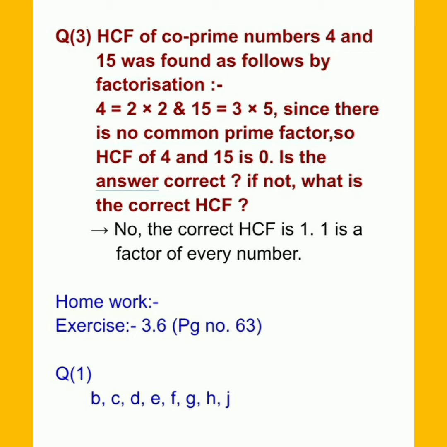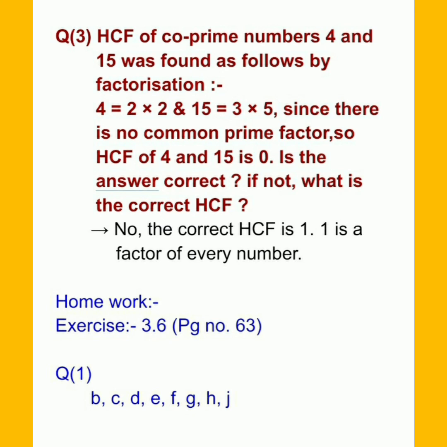Then question number 3. The HCF of co-prime numbers 4 and 15 was found as follows by factorization. Students, in my last video I explained co-prime numbers. Let us revise: co-prime numbers are numbers which have only one as a common factor.